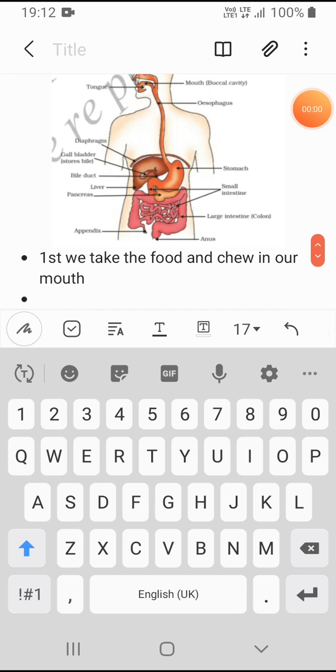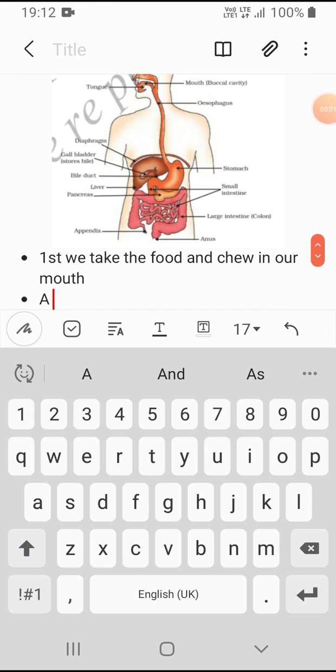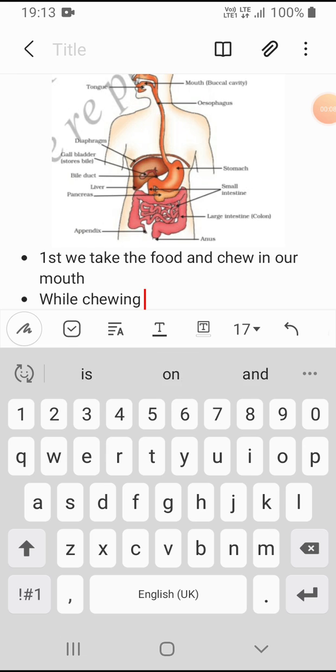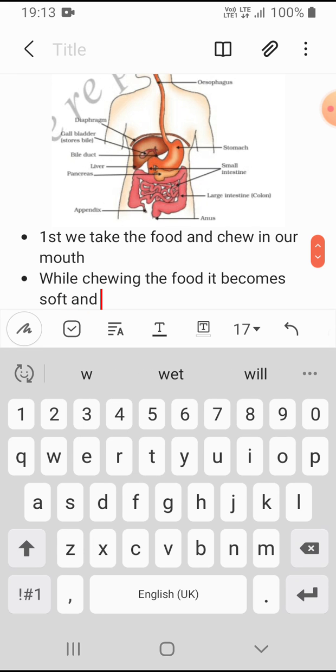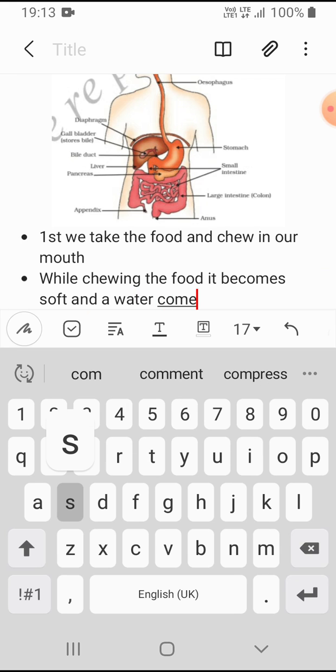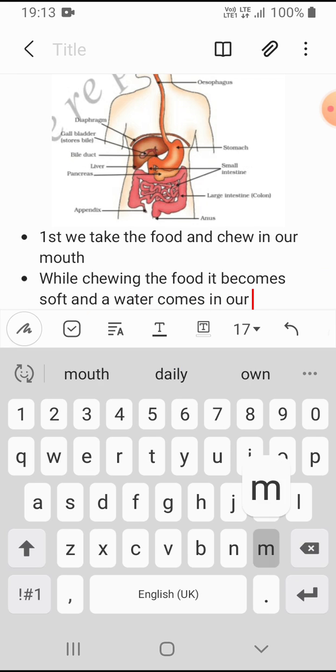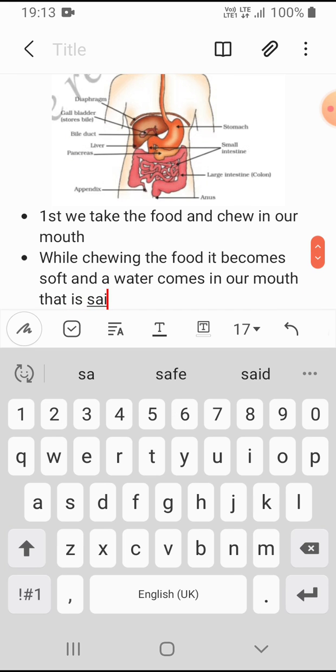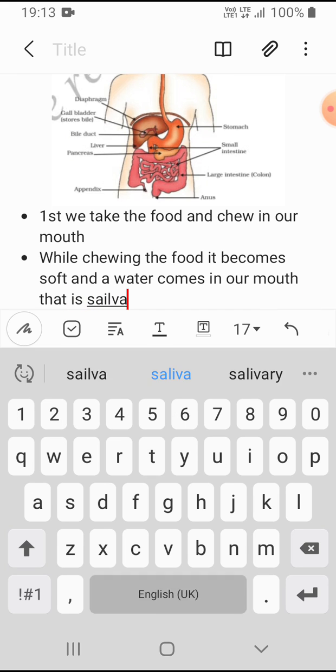While chewing, the food becomes soft, and water comes into our mouth, that is saliva. As you may know, you have learned this in your lower classes.